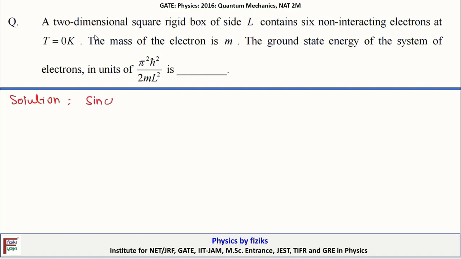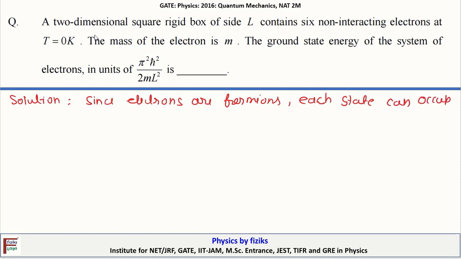Since electrons are fermions, that means each state can occupy 2 electrons.